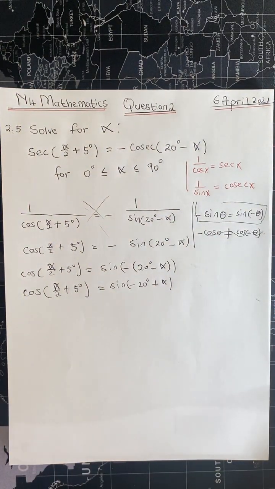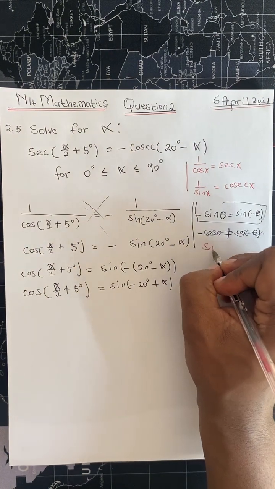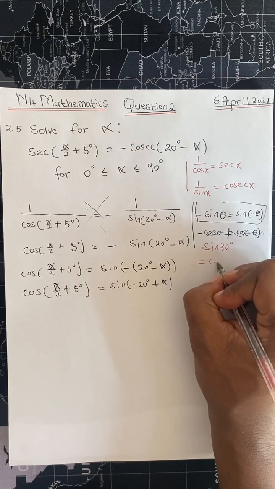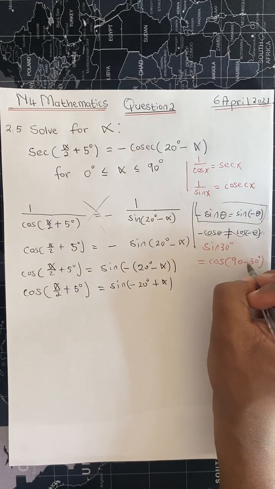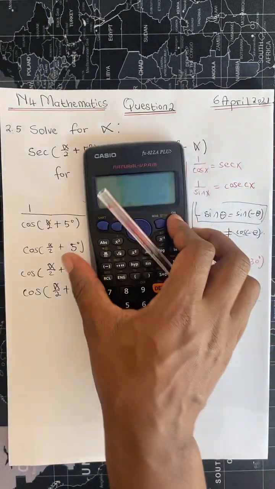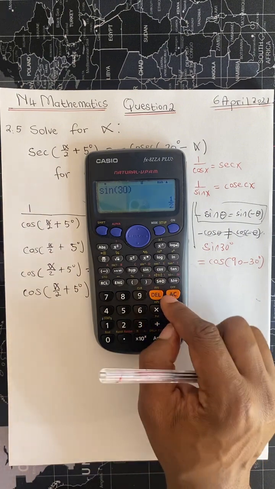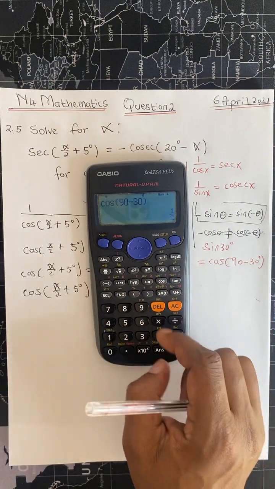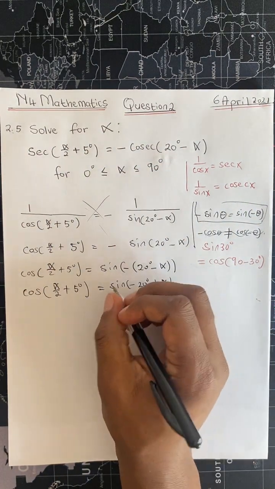So from here, if we had sine of 30 degrees, this is just the same as cos of 90 degrees minus 30 degrees because of our complementary angles. So sine 30 is equal to 1 over 2, cos of 90 minus 30 degrees will also be equal to 1 over 2.